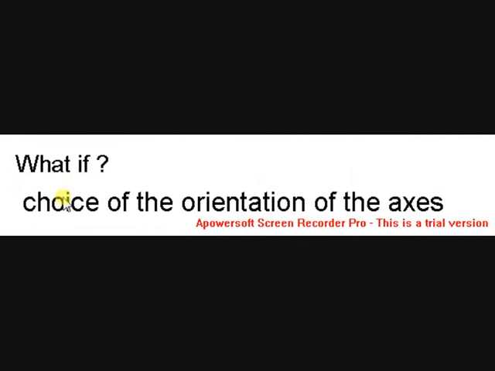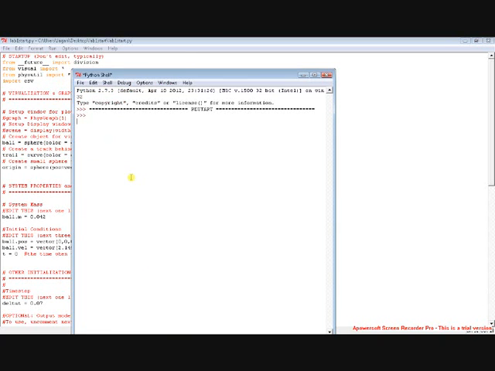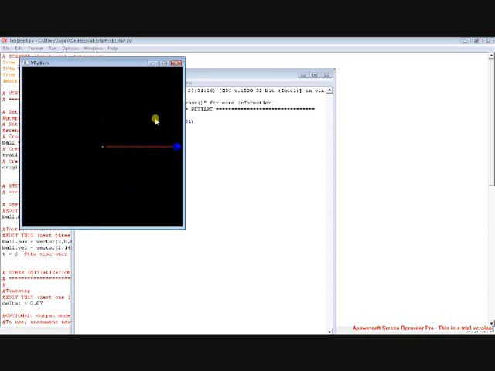So what if the choice of the axis was changed? Editing the Python program to change the axis, the negative sign was removed and replaced by a positive sign, and the model was run. As expected, the ball was moving towards the right, which was earlier to the left.